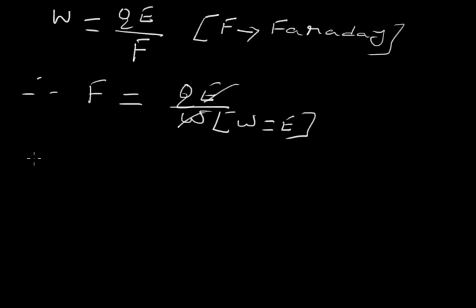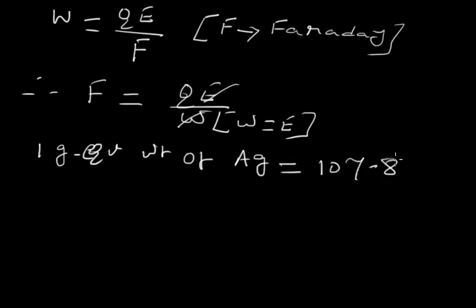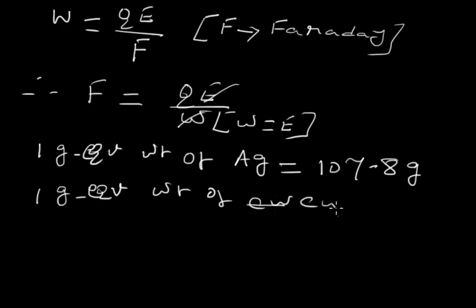As for example, if we want to deposit 1 gram equivalent weight of silver, it is equal to 107.8 gram, and 1 gram equivalent weight of copper means 31.75 gram.